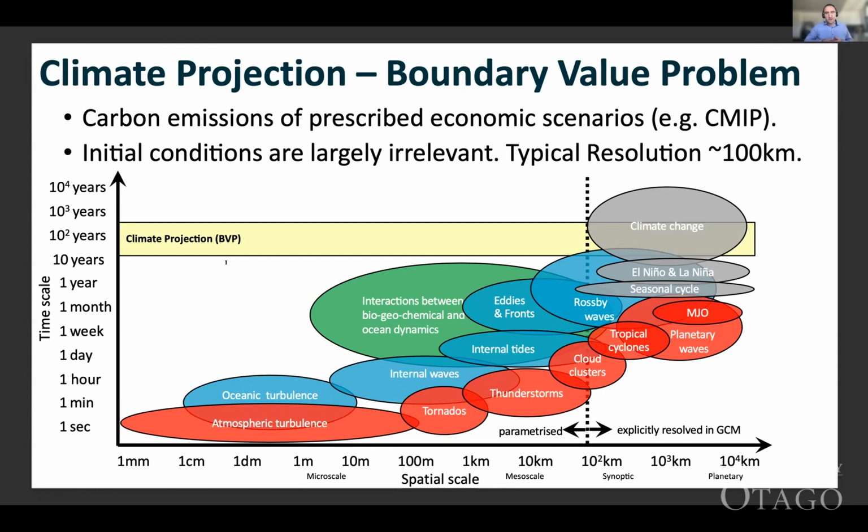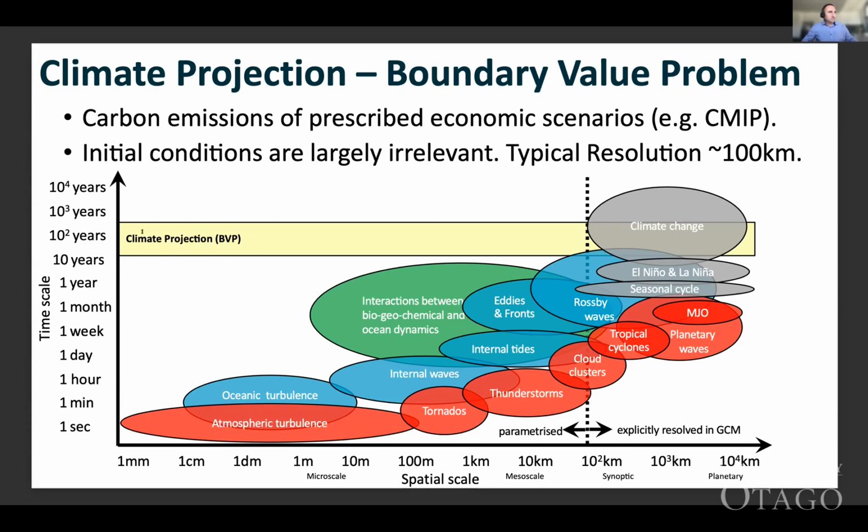This is a global initiative where many institutes around the world run a predefined set of climate simulations with prescribed economic scenarios. These scenarios essentially define how much energy is consumed globally, and hence how much emissions are generated. The ones with larger emissions produce a warmer world. The ones with lesser emissions produce a relatively cooler world.